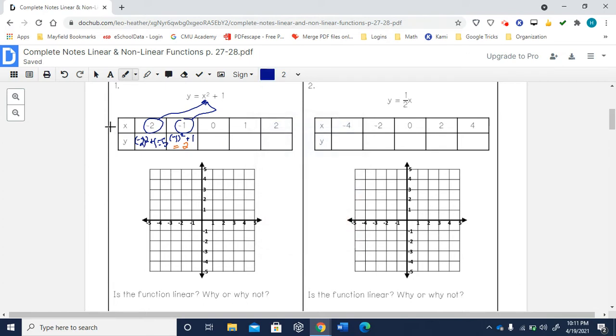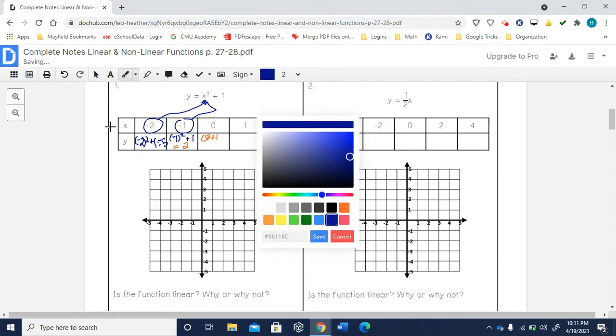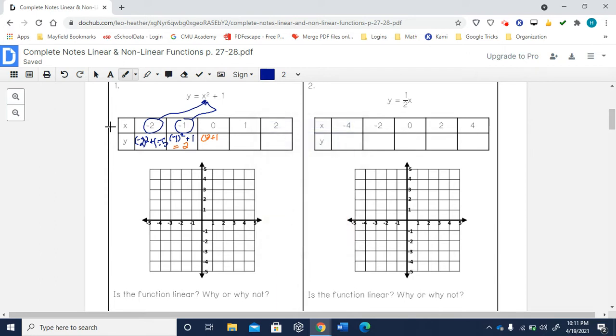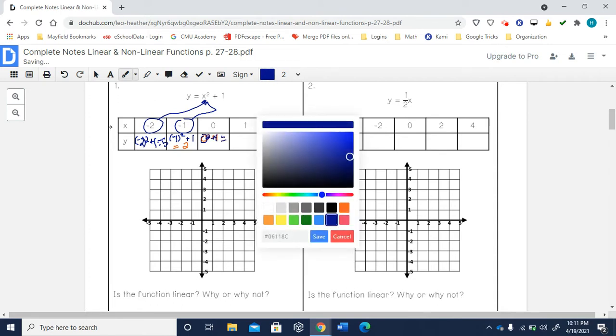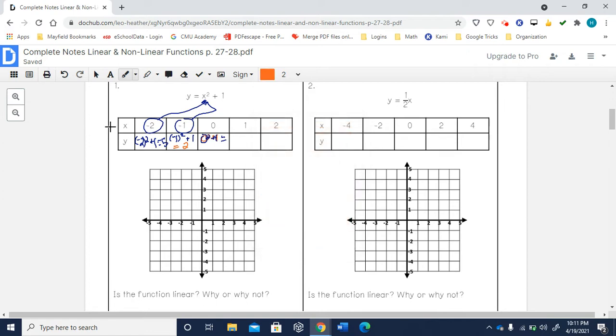Okay, now 0, so I'm going to do 0 squared plus 1. So 0 squared plus 1 is 0 plus 1, which equals 1.